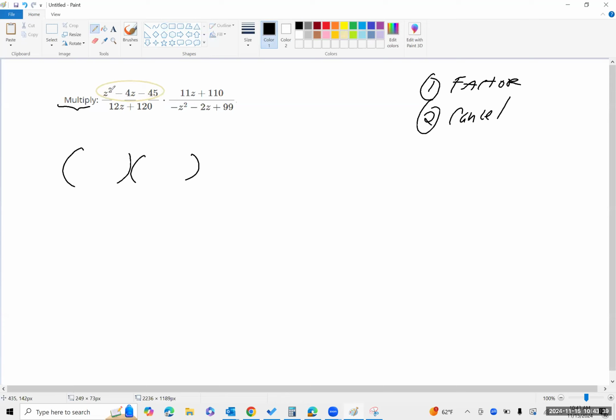Okay, so this is a z squared, so this has to be a z, this has to be a z. To get 45, that's 9 times 5, so I'm going to put a 9 over here and a 5 over here.